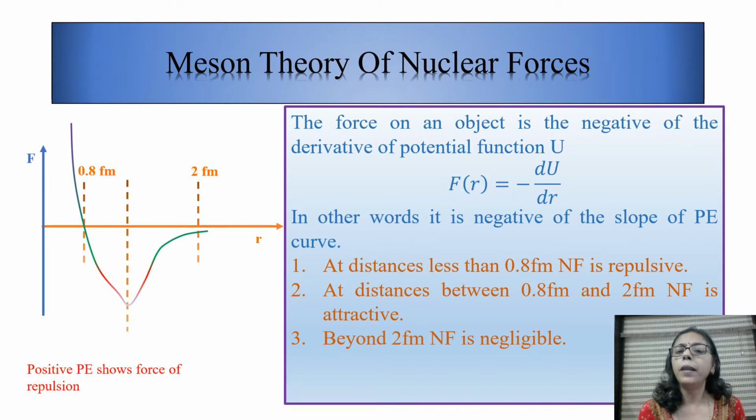Less than 0.8 femtometers, they have to be repulsive, because if they are not repulsive, then your nucleus would collapse. Right? Between 0.8 and 2 femtometers, they have to be attractive, otherwise the nucleus would disrupt. And beyond 2 femtometers, of course, they become negligible.